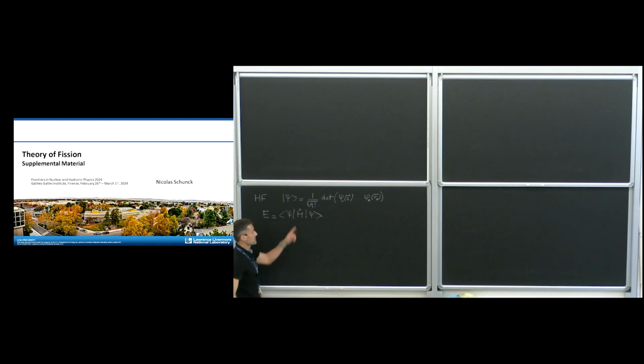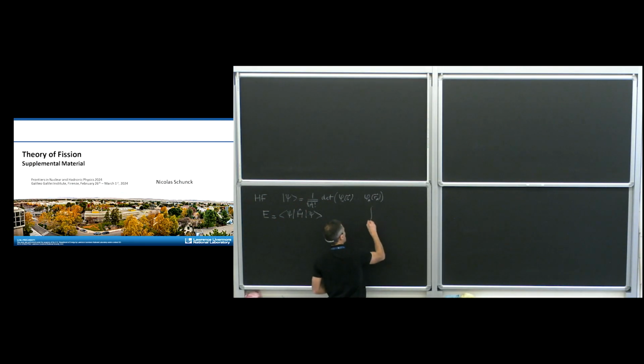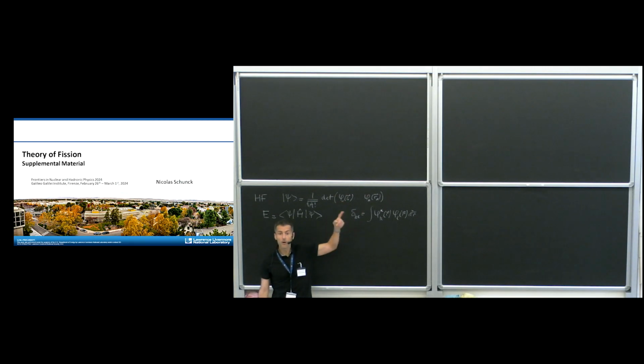and in the notes I actually prove that this object is normalized. It's normalized if, yes, I should say, it's normalized if those single particle wave functions are orthonormal. So you will require that those single particle wave functions are orthonormal.